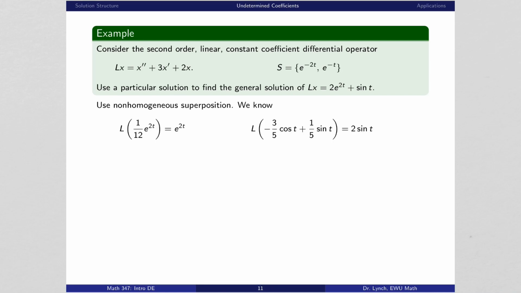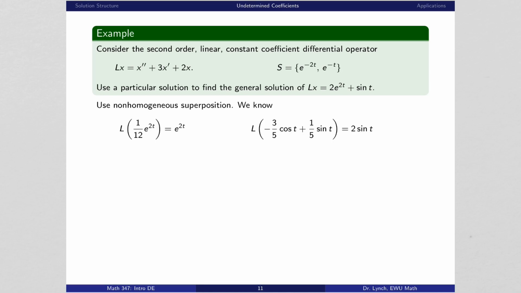So let's use a particular solution to find the general solution of a non-homogeneous differential equation where the right-hand side is given by a sum of some exponential and a sine function. Here, we have 2e to the 2t and sine of t on the right-hand side.